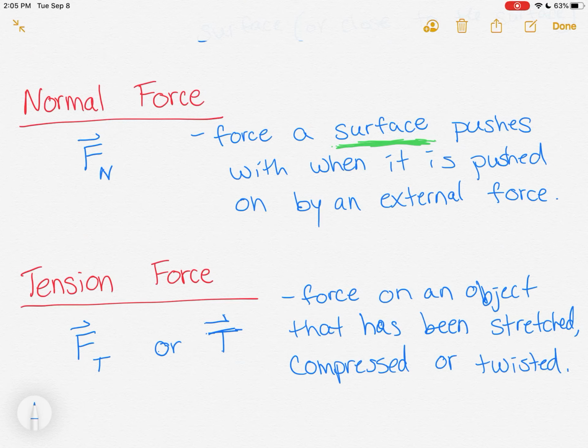Really, to have a tension force, we need to be dealing with ropes or strings or cables or springs. Really anything that can be compressed or stretched or twisted.